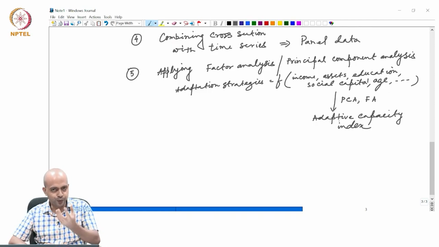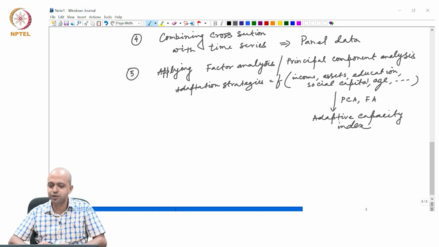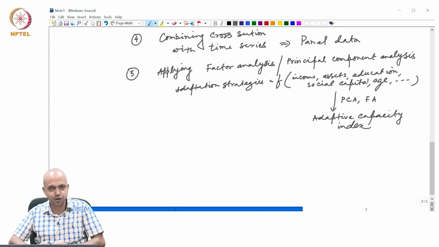Here we will identify the important factors out of those, and then we will construct some kind of index. This is also another method of solving the multicollinearity problem. So, depending on the situation, depending on your data set, we have to think about which particular method to apply and to solve the multicollinearity.